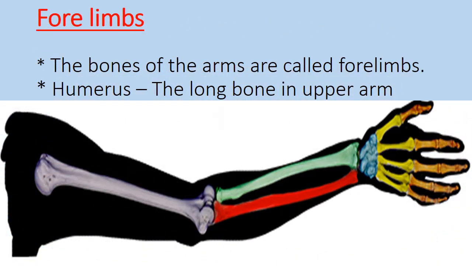The second one is forelimbs. The bones of the arms are called forelimbs. As you can see, the long bone in the upper arm is called the humerus. Students, this bone is located between your elbow and your shoulder, and it consists of several parts that allow it to move freely in different directions.